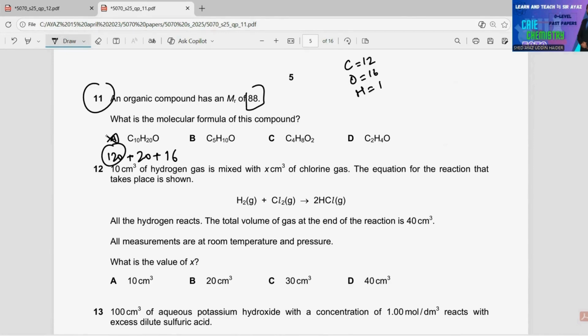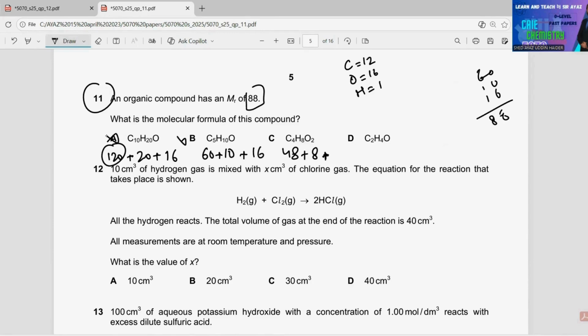5 multiplied by 12 we have 60, plus 10 hydrogen, so we have 10, oxygen we have 16, so 60 plus 10 plus 16, we have 86. It's also incorrect. What about C? 4 multiplied by 12 we have 48, plus we have 8 hydrogen.